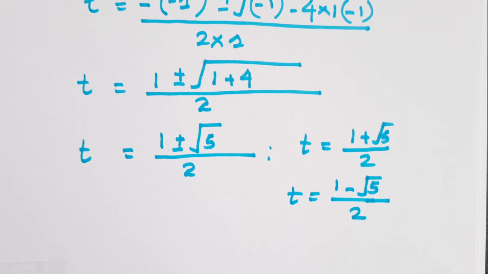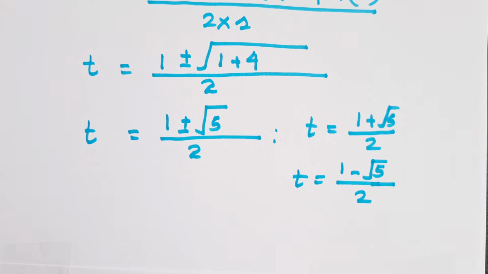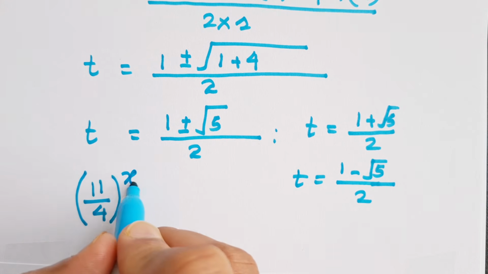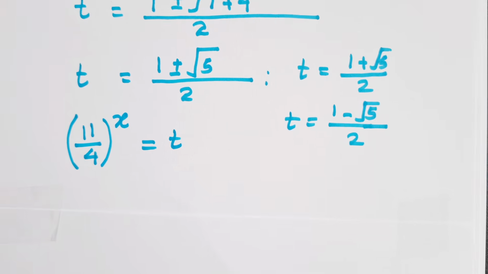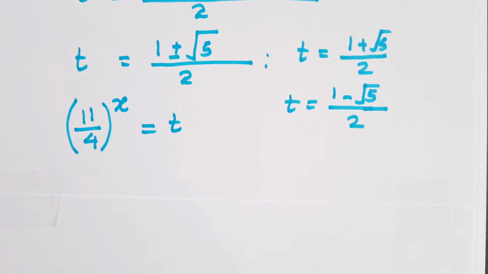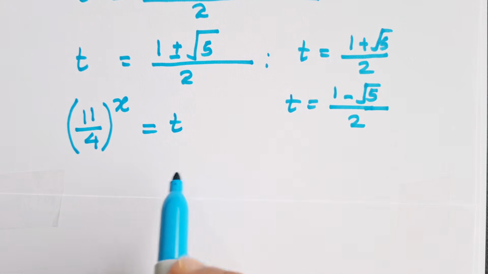So now we have found two values for t, but our goal is to find the values for x. Those can be found according to our initial substitution, which is 11 over 4 whole to the power of x is equal to t. Now I'm going to consider case 1, when t is equal to 1 plus square root of 5, divided by 2.